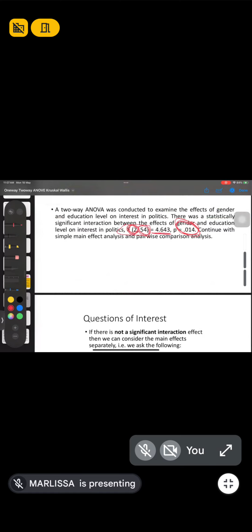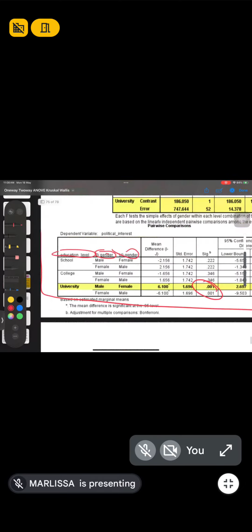Like I said before, if the interaction effect is significant, meaning P less than 0.05, you don't have to look at the main effect. You can do the pairwise comparison analysis like this part.